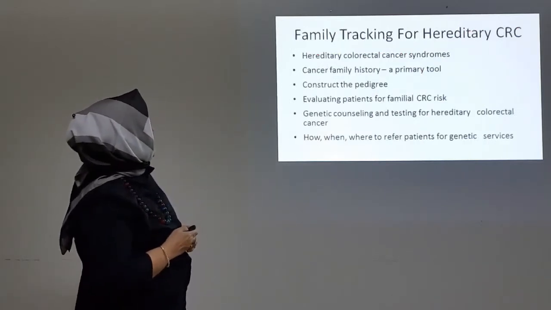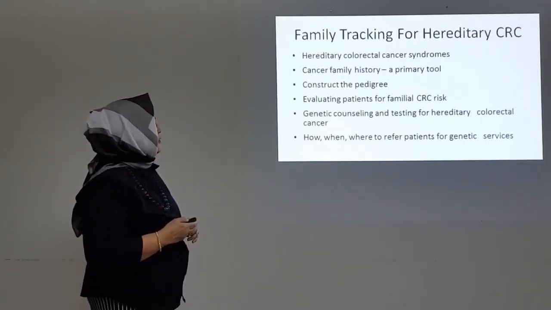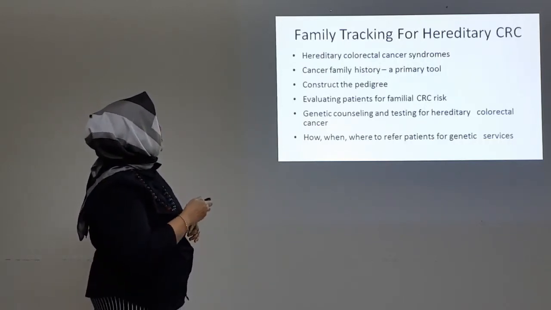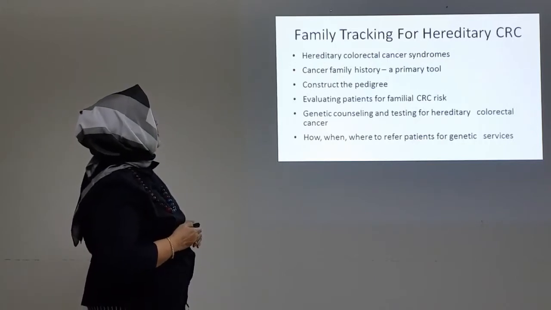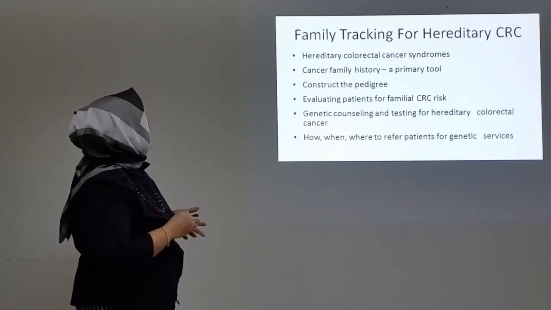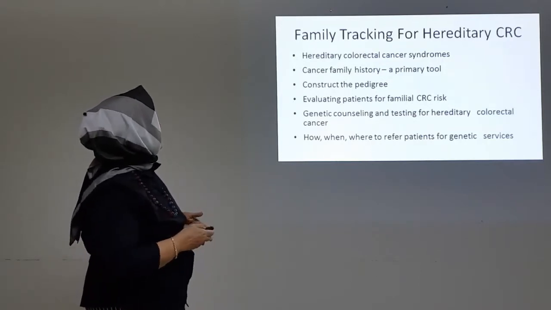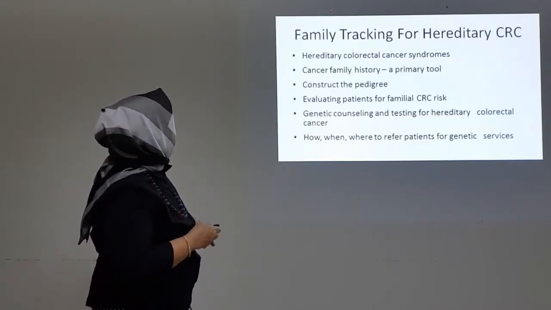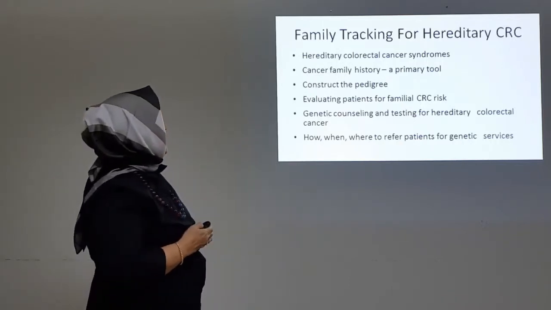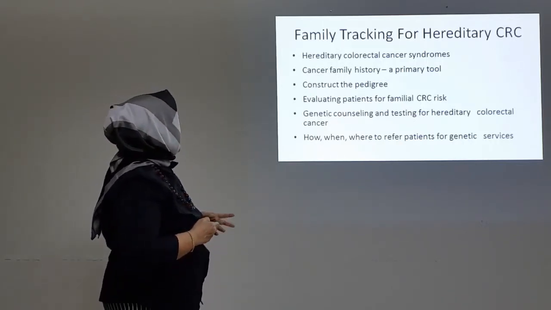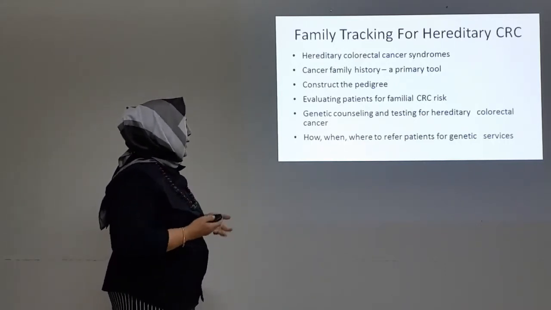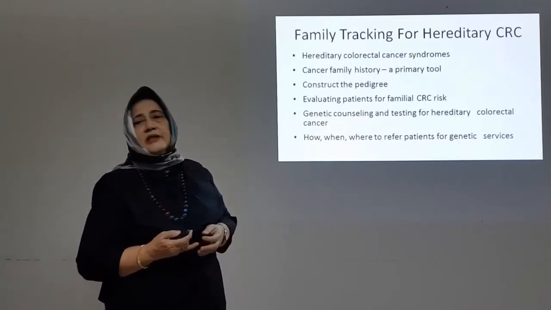So you have to do family tracking for hereditary colorectal cancer. You have to draw the pedigree to know how many are affected in the family, so you have to ask for the family history, and then evaluate the risk of having cancer in other family members. Then you have to do genetic counseling, and tell how, when, and where to refer the patient for genetic services.